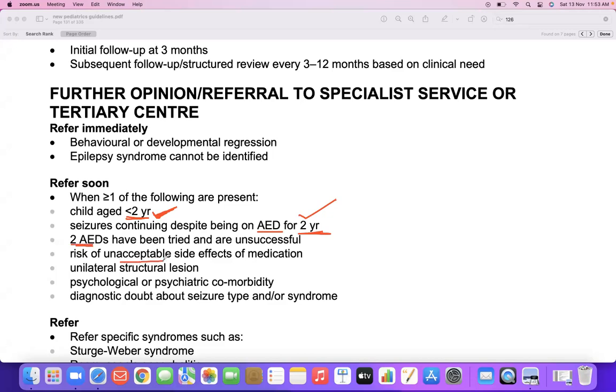Risk of unacceptable side effects of medication. Your first line drugs are not tolerated by him. He has side effects. Okay. And any structural lesion. Suppose you did CT brain in a child and you saw any structural lesion. Okay. Then psychological and psychiatric comorbidities they have. Diagnostic doubt. Always remember this. You will refer when you have diagnostic doubt.